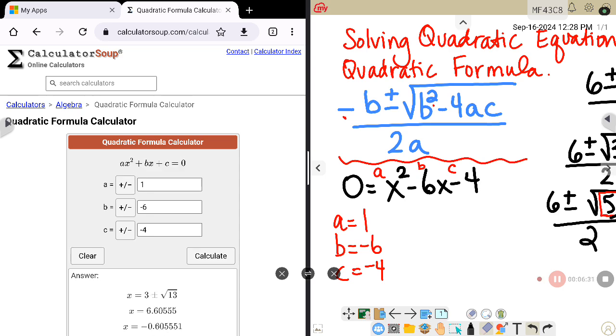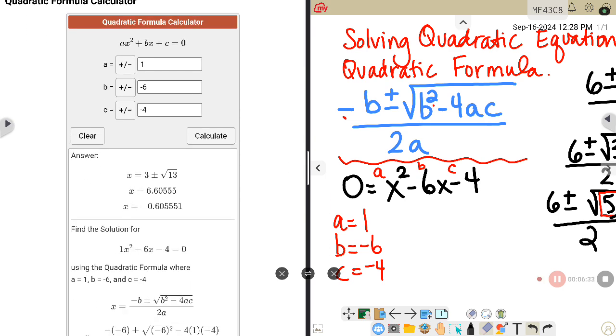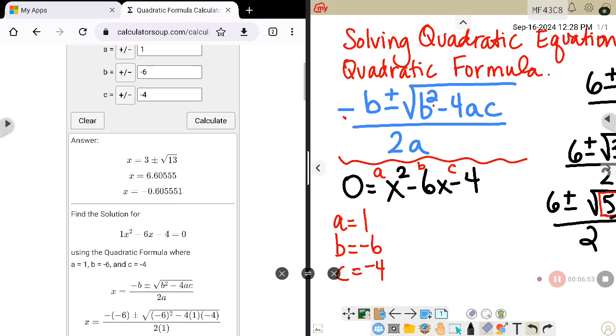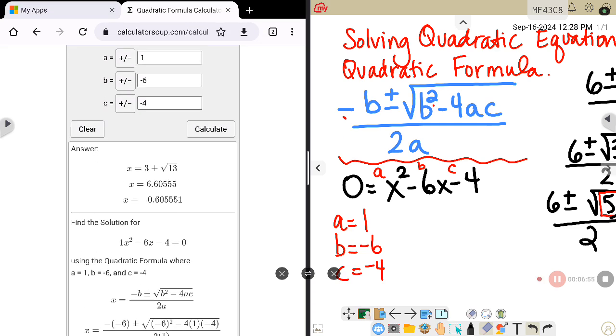You'll notice not only does it give us what we got, that x is 3 plus or minus the square root of 13, it also gives us the decimal equivalents, and it also shows exactly what we did here when we did it by hand. The x equals 3 plus or minus the square root of 13 is going to be the exact answers.